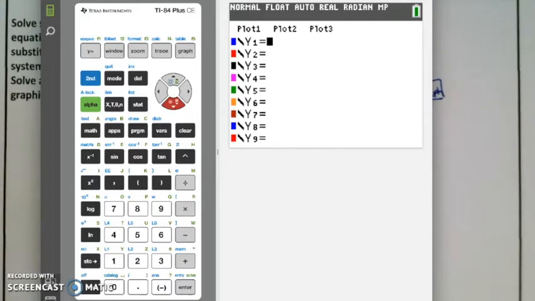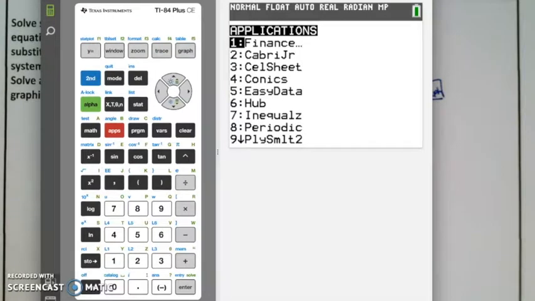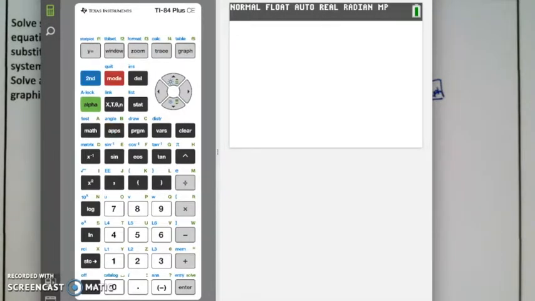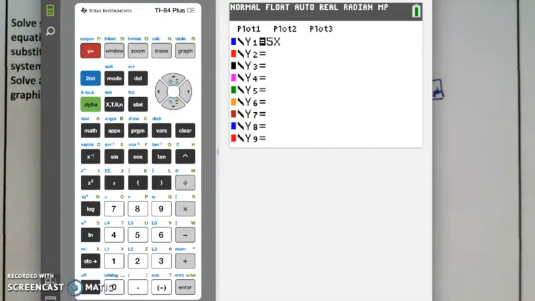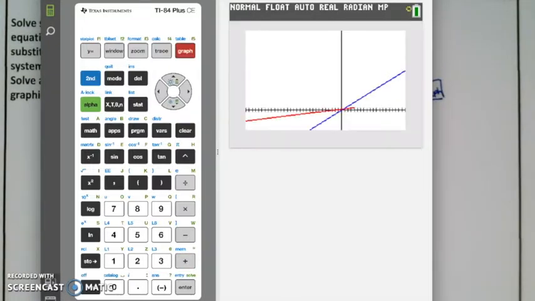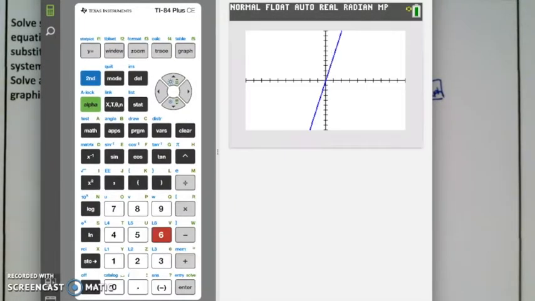I'm just going to use the example 5x and the example x plus 3. Okay, so then I hit graph and I can see those two lines. I'm going to go back into my standard view so that I can see it more clearly.